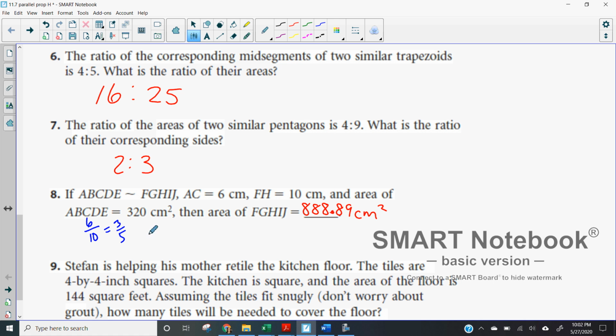But that is not the ratio that you're using to find the missing area. We want 3 squared over 5 squared. That equals 320 over our missing area. We didn't have to do 9, so don't worry about that one for now. And so go ahead, if you need to go back and double check any of those, I apologize if I went too quickly through those.